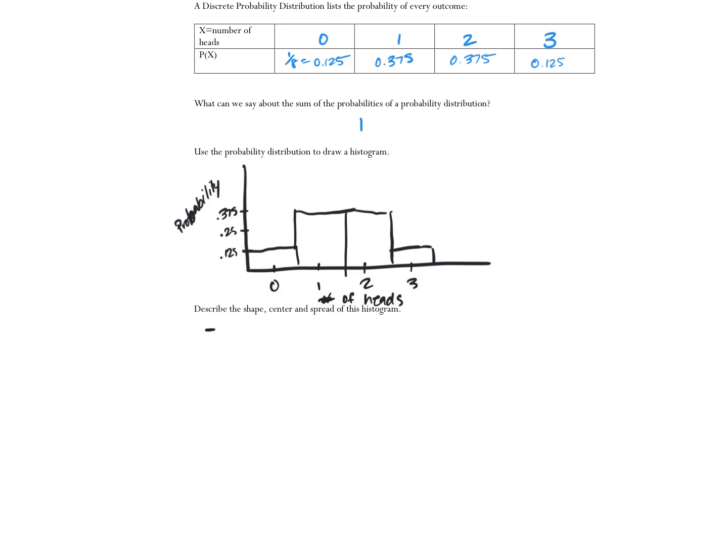Remember we talked about yesterday, discrete numbers are countable. These ones are countable. But I would be comfortable with saying mound-shaped. I would be comfortable with calling it symmetric. Just maybe not normal.